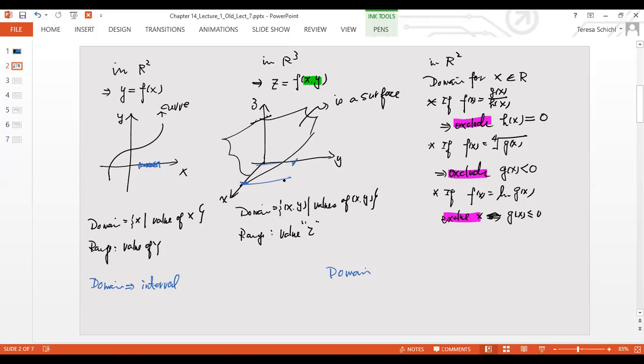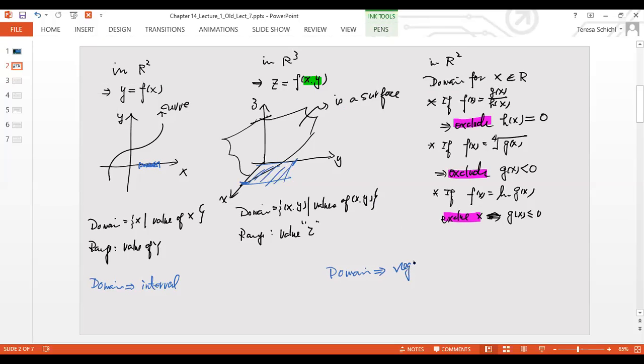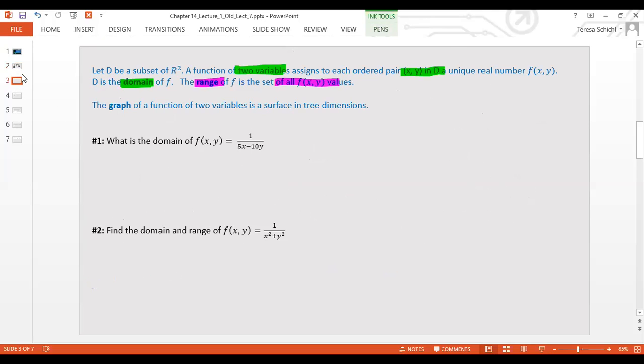So the domain will be some type of, I shouldn't say area, some type of region satisfying both x and y. Also, the other thing we need to pay attention to: the graph of a two-variable function is a surface, all right?